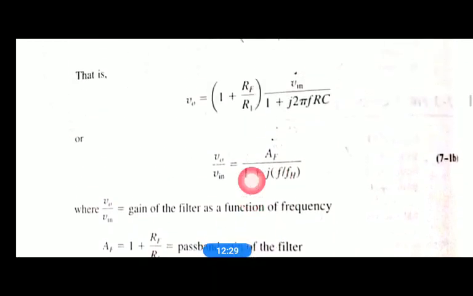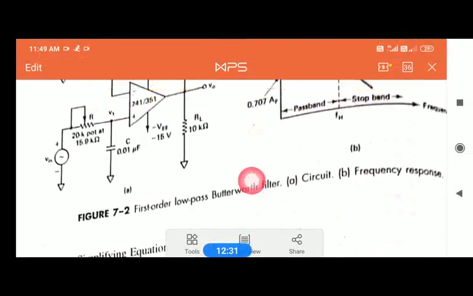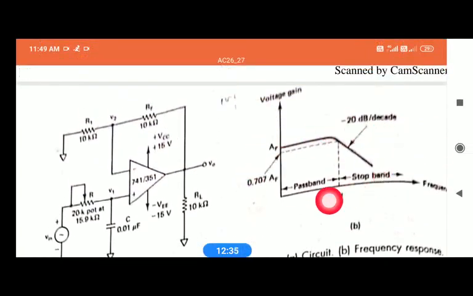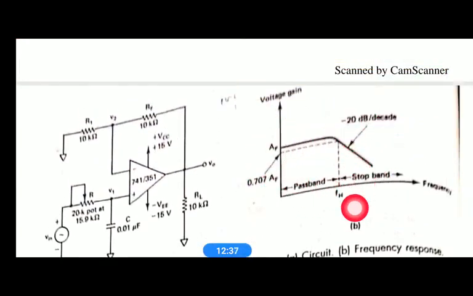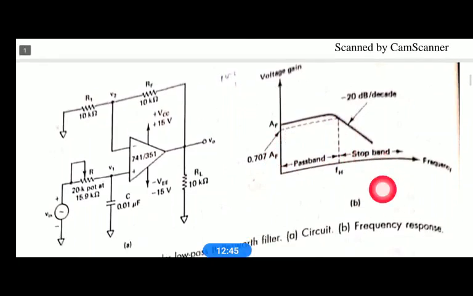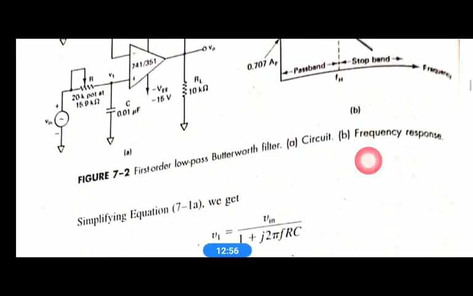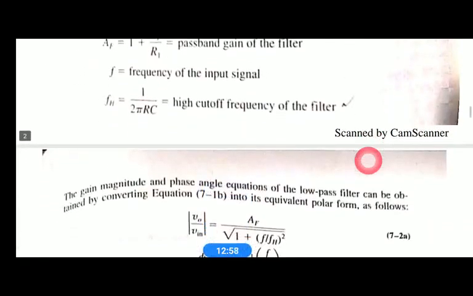Here you can see clearly the frequency response for the low pass filter, which we have already seen: till fH there is a pass band, after fH there is a stop band. After fH the gain of the filter goes on decreasing.